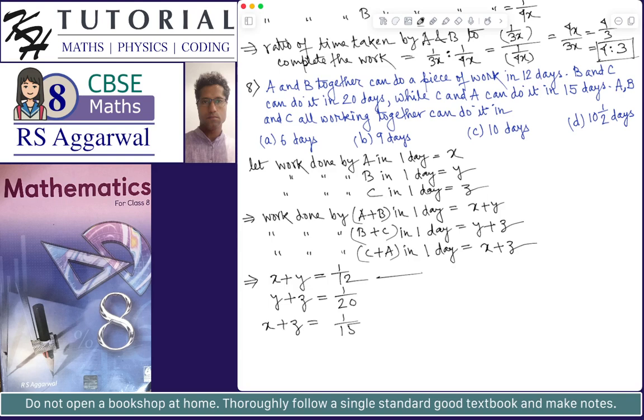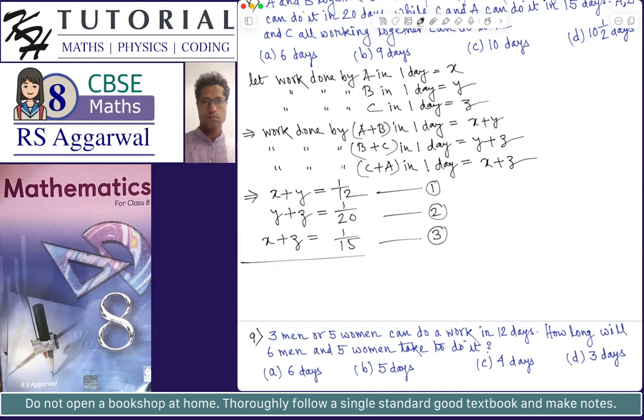Now if we number these three equations as 1, 2, 3, and add them up, adding the left hand sides and the right hand sides, we get X plus Y plus Y plus Z plus X plus Z is equal to 1 by 12 plus 1 by 20 plus 1 by 15.